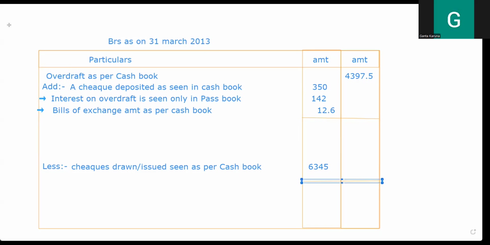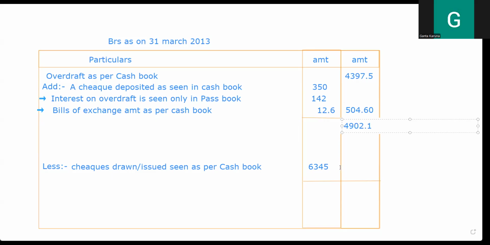So when I totaled it, it came to 504.60 paisa. And when I totaled the above amount with the below amount, it came to 4902.1.